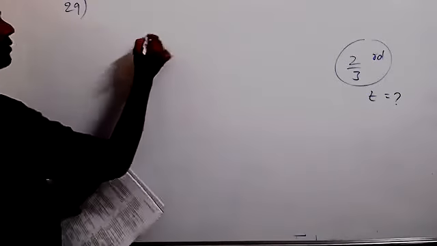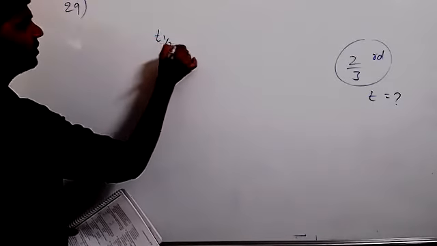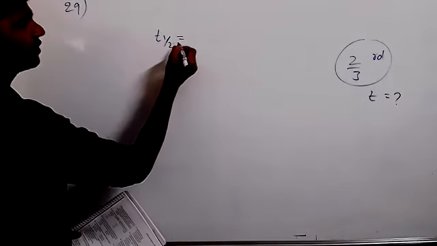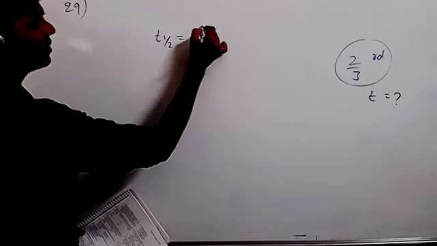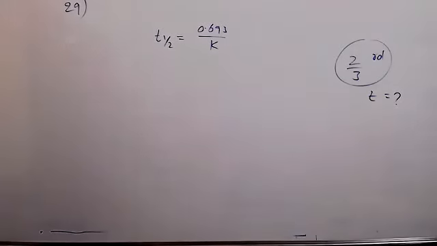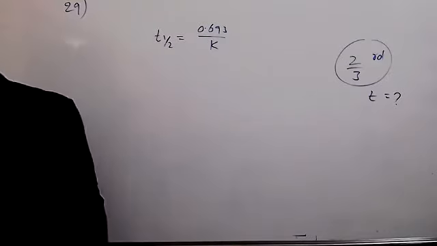Okay, we know half-life T half is equal to 0.693 by K. I think K value is there, we can substitute directly.